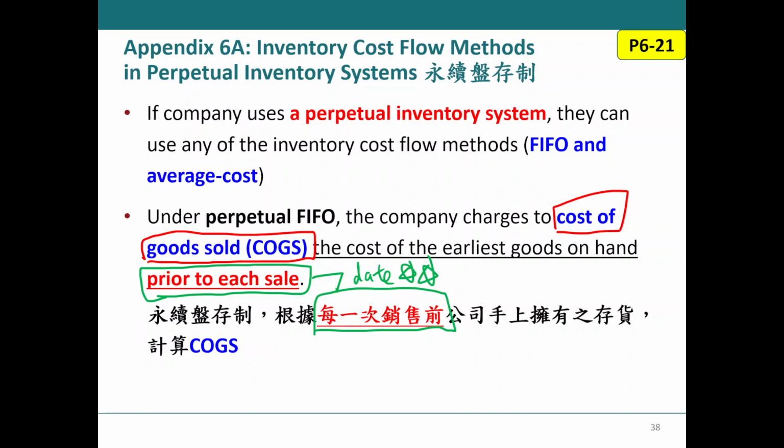Because based on the inventory you still have on hand, we are going to sell it. So remember, before you sell it, you should understand how many inventory you still have on hand. Okay? It's very important because always you will forget it. So inventory on hand is quite important.